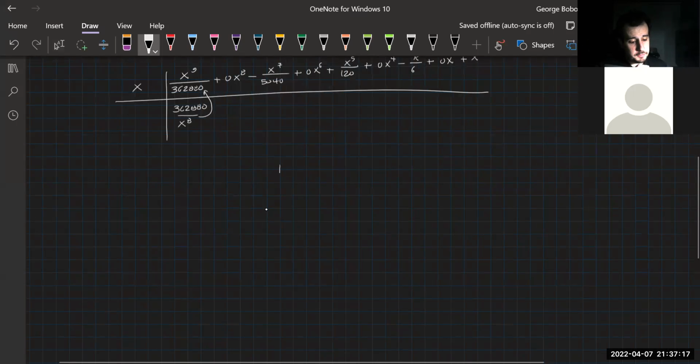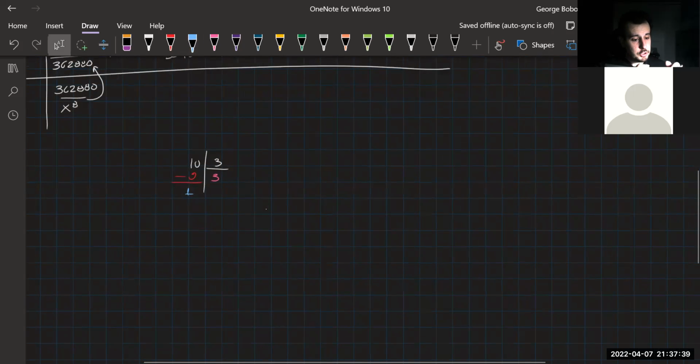If you recall from long division, if we do, for example, 10 divided by 3, and we use, of course, 3 here, 3 times 3 gives us 9. We take it away from this and we're left, let's say, with 1. That's the remainder. So I just want to show you with color coding how the remainder theorem works.